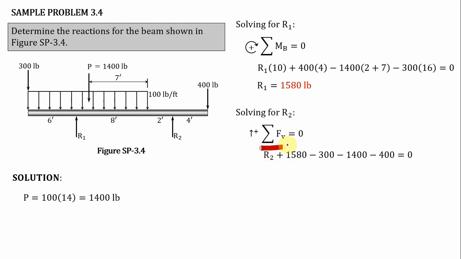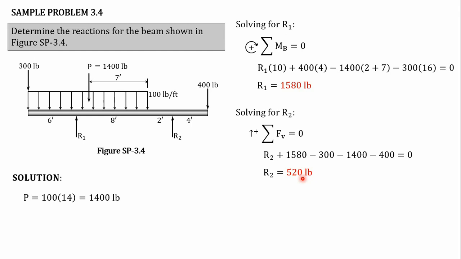This is our summation of vertical forces, and we equate it to 0. In this equation we have only one unknown, so therefore we can directly solve R2. R2 is equivalent to 520 pounds, and that will be our final answer.